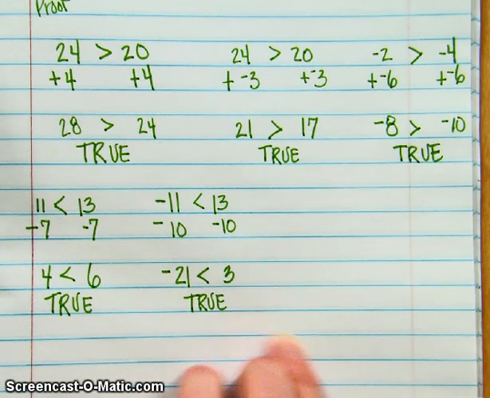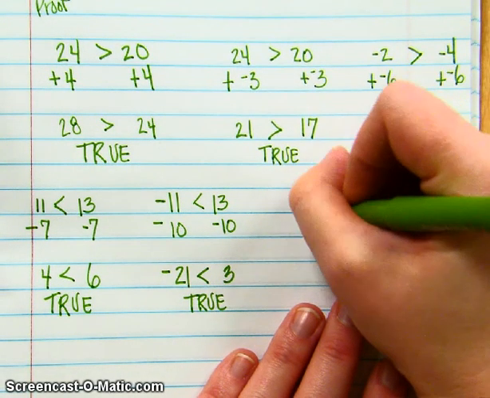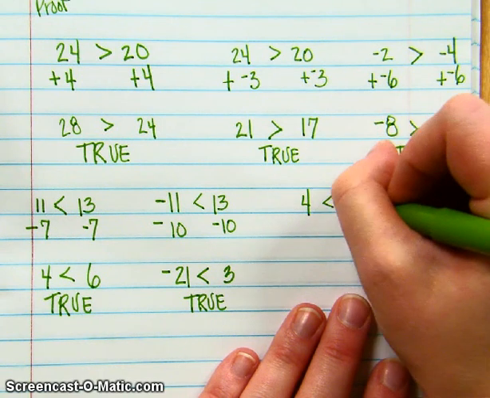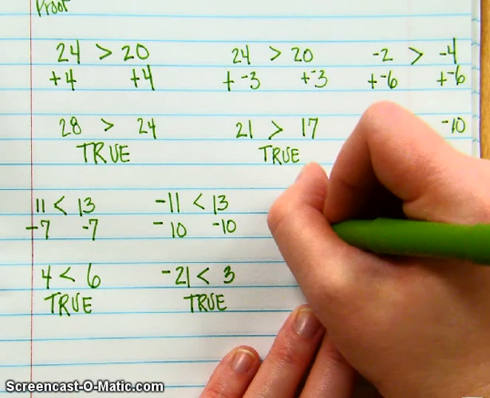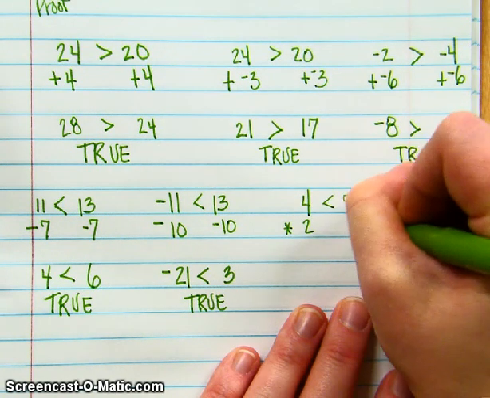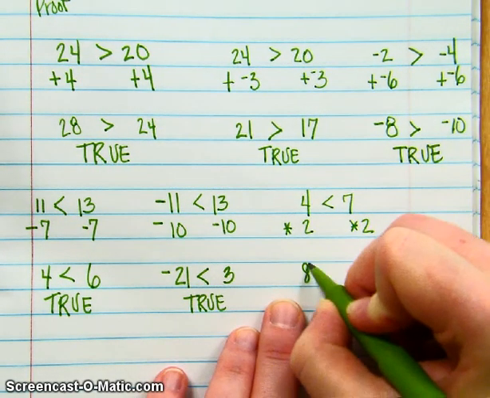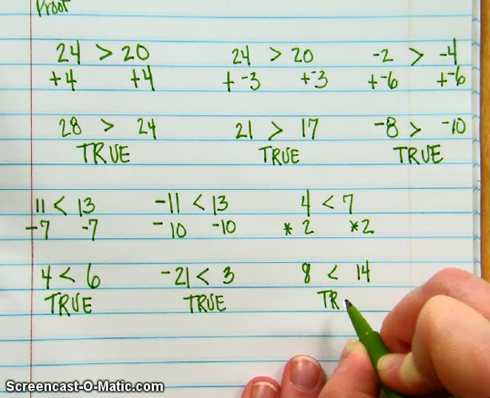So let's look at multiply. If I start off with a positive 4, and 4 is less than 7, if I multiply both sides by 2, I have 8 and 14, and that relationship is still less than.